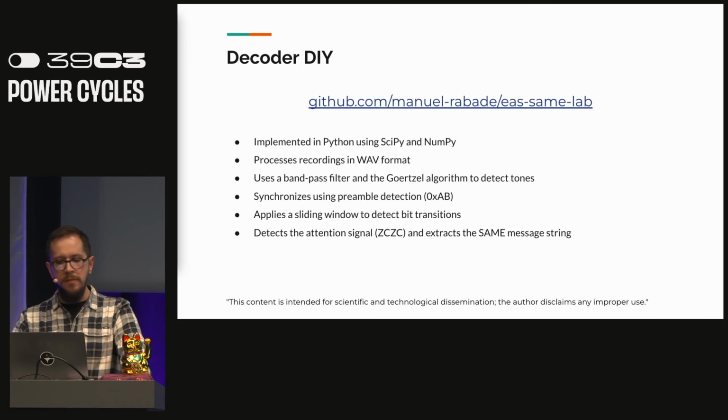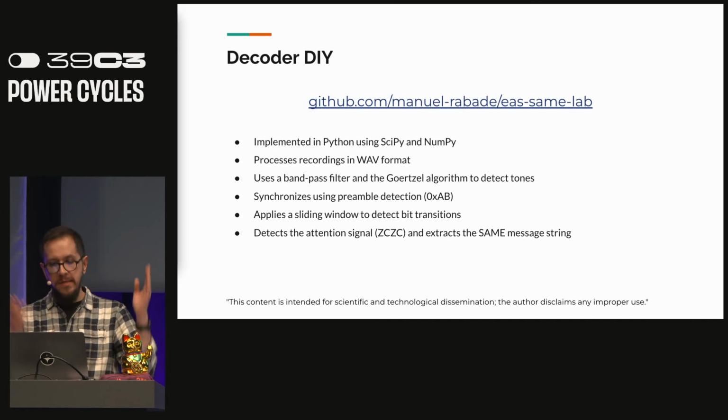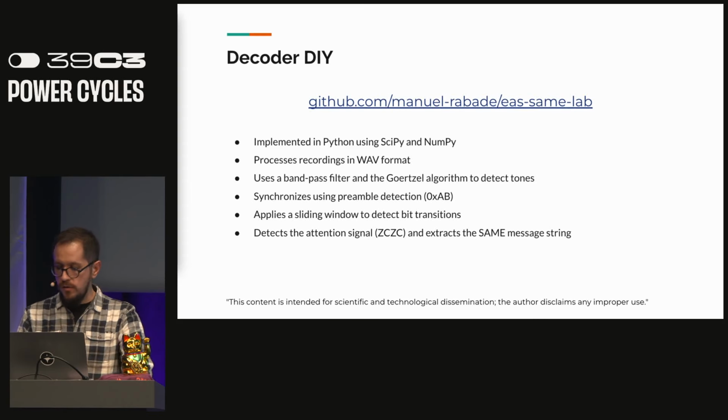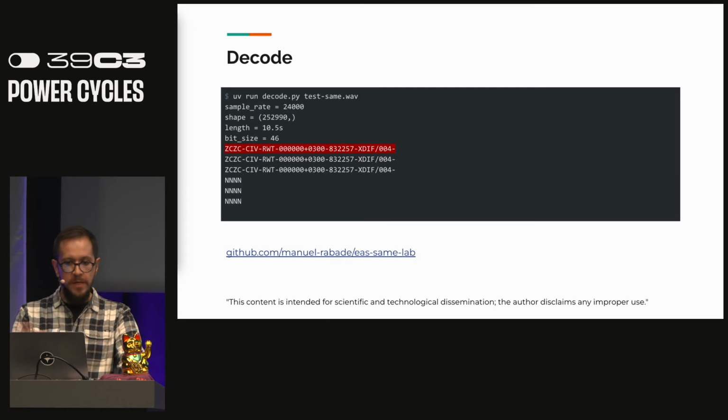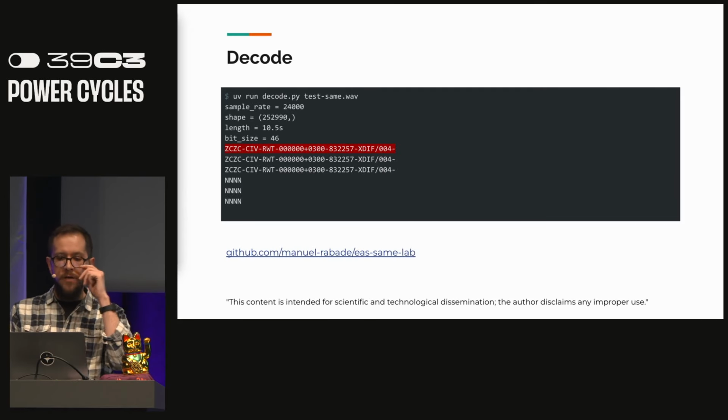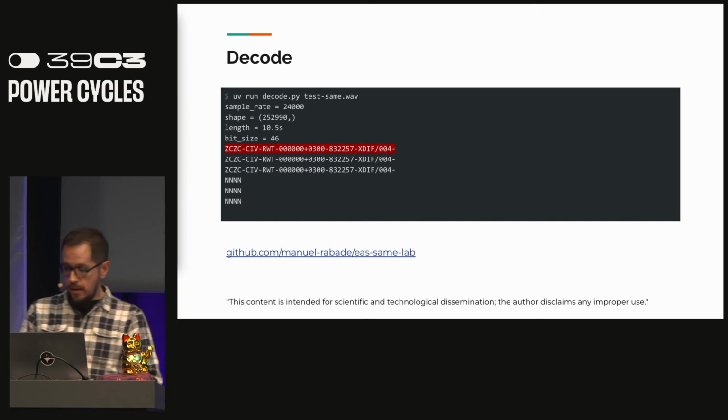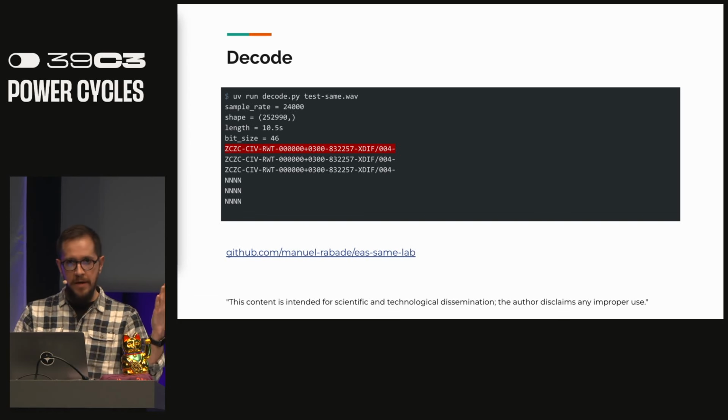It's synchronized using preamble detection, applies a sliding window and detects the attention signal. When you record that signal and process it using the script, you get the information I just showed you. That was a realization: if I can decode it without anything else, you can also generate it, right?